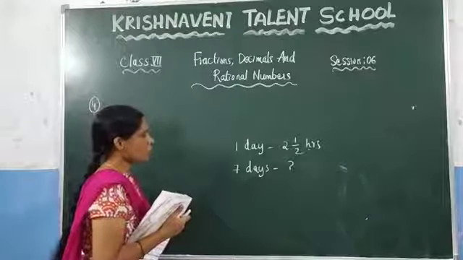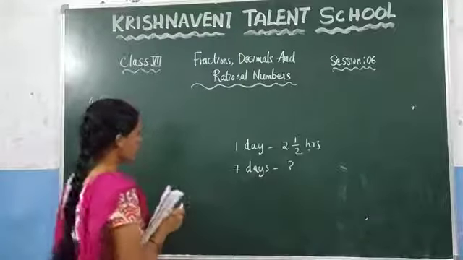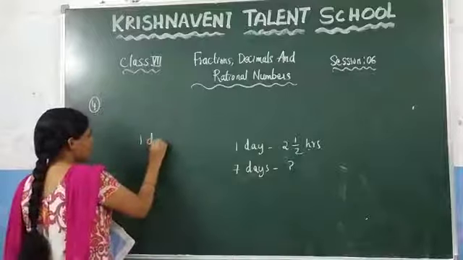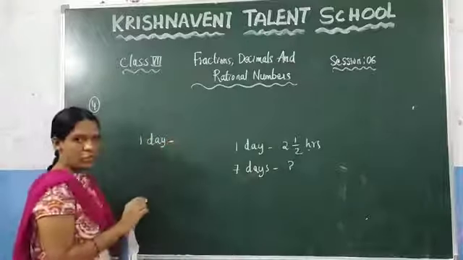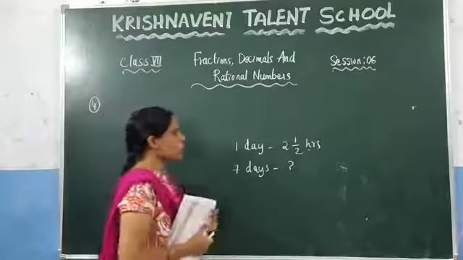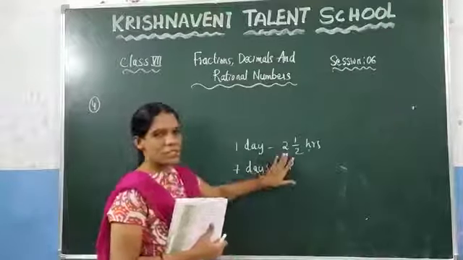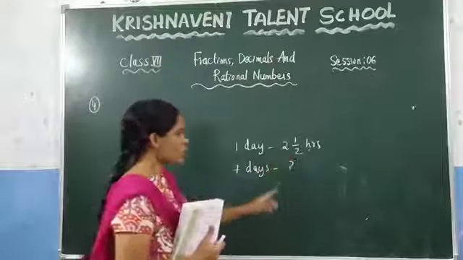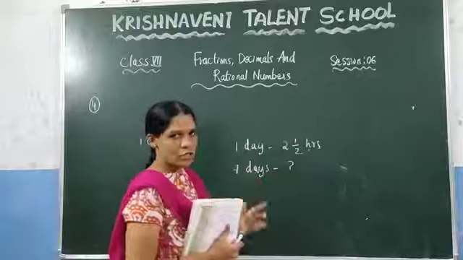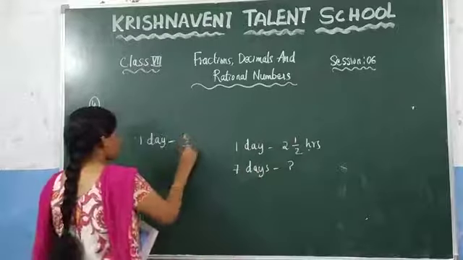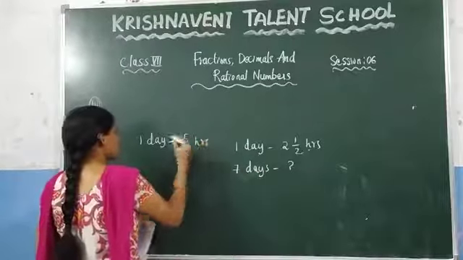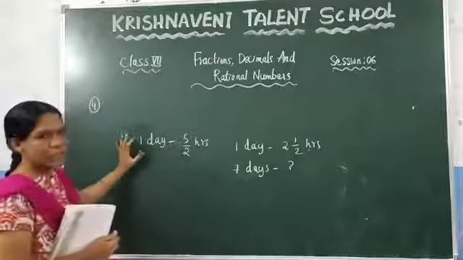Now, if you want to solve this one, we have given here that in one day, she took 2.5 hours. Now you need to change this mixed fraction into an improper fraction. How do you change? 2 twos are 4 plus 1, which is 5 by 2. So, in one day, she takes 5 by 2 hours for her embroidery.